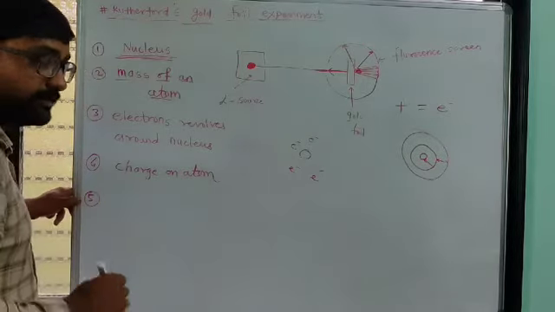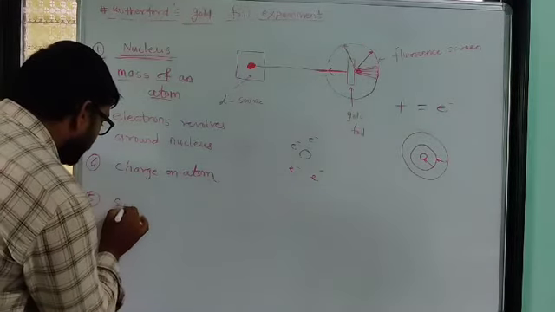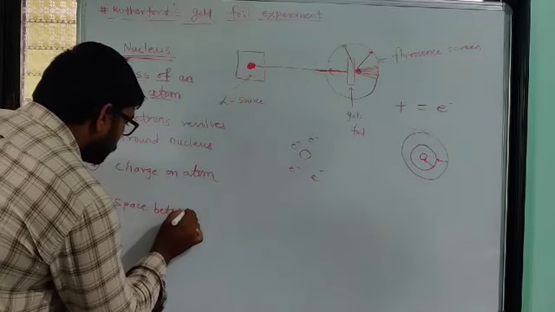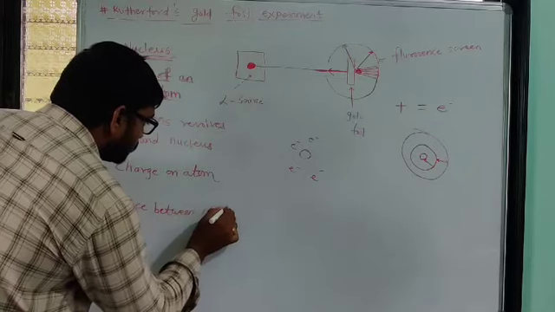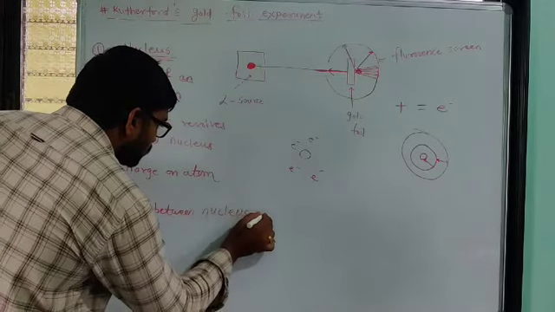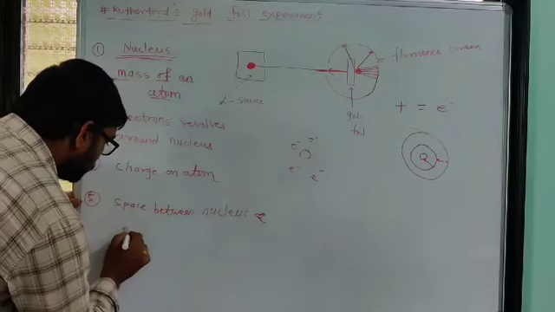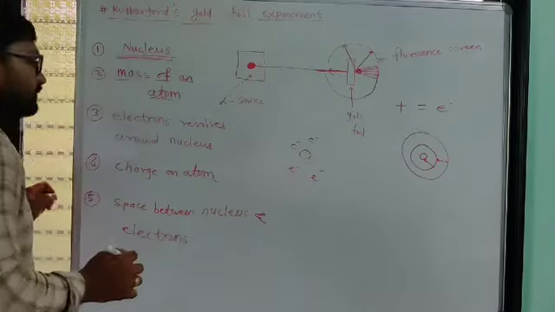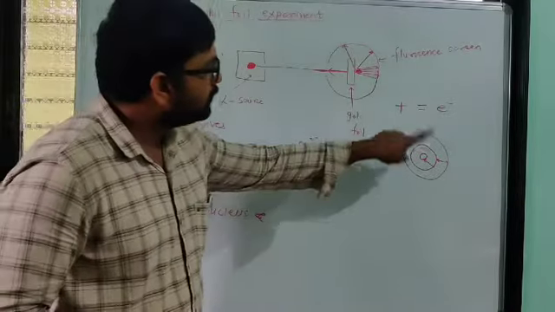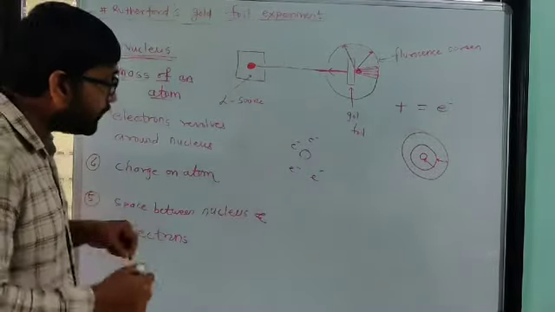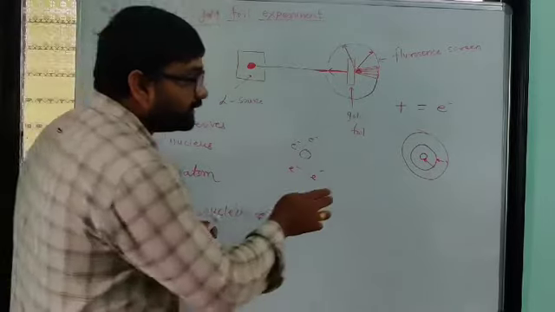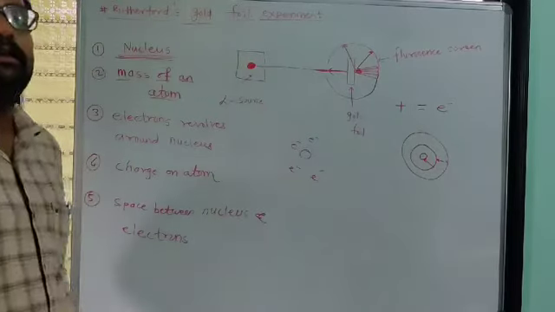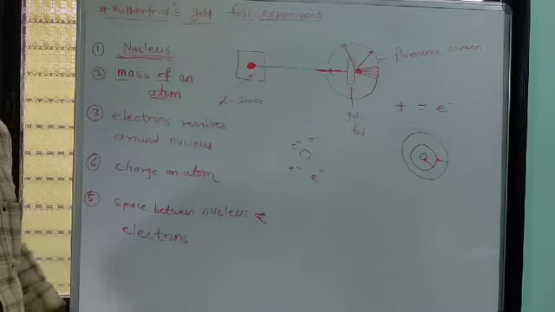In the fifth prediction, he tells us about the space between the nucleus and electrons. No doubt these electrons revolve around the nucleus, but there is some space between the electrons and the nucleus.